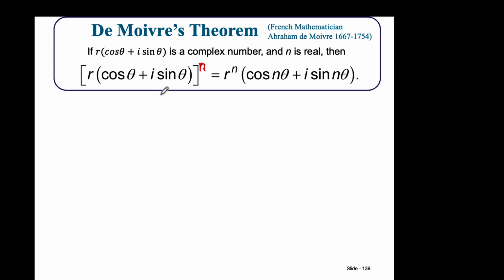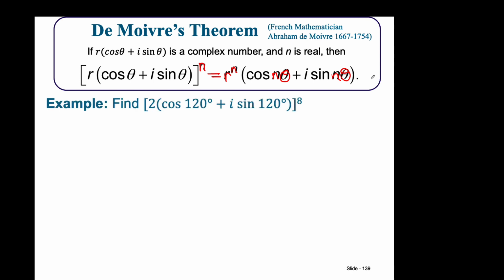Lots of steps in between, but we're just embracing the proof, which sends us to, you take the r, raise that to the nth power, take the angles, multiply those by n. So you can see it here on the other side of the equal sign. R has been raised to the nth power, and the angle has been multiplied by n right here as well.